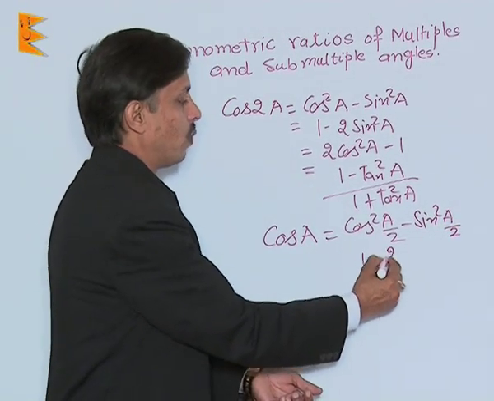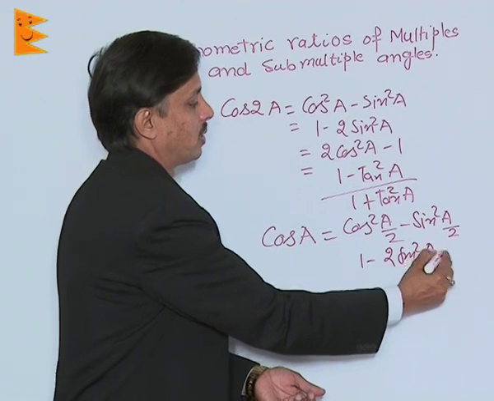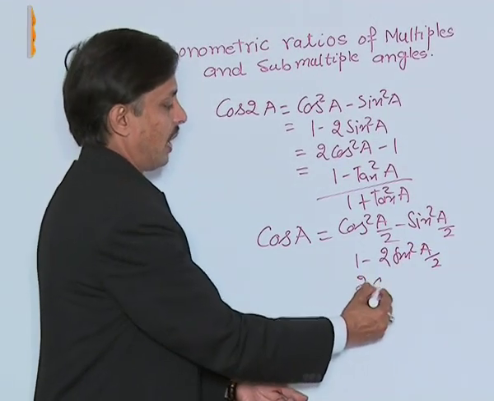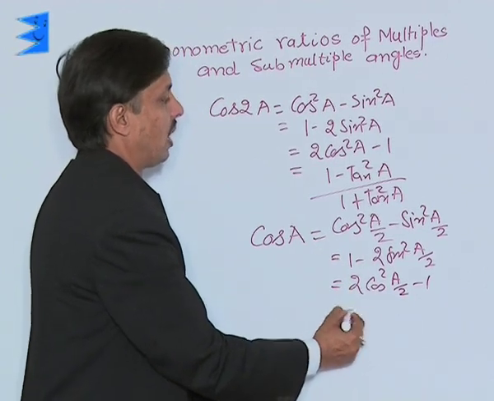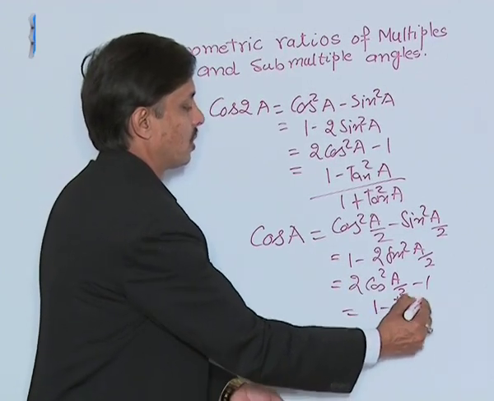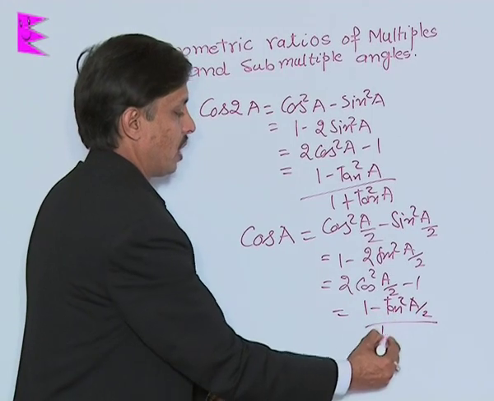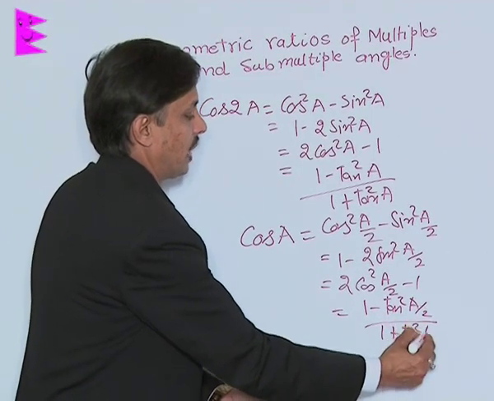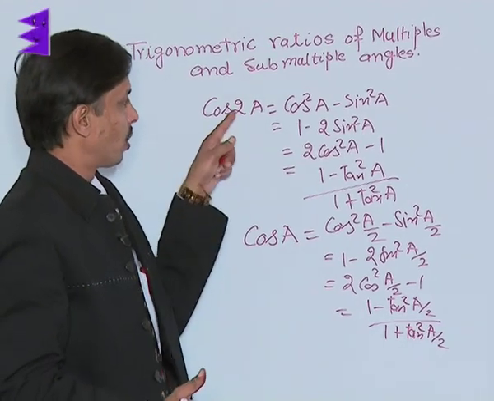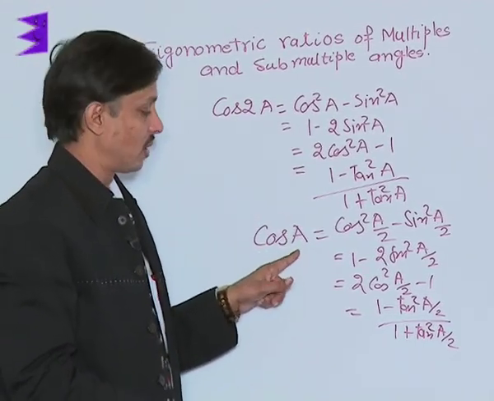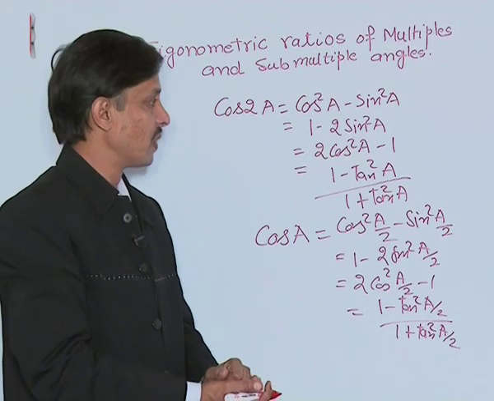Another will be 1 minus 2 sin square A by 2. Next will be 2 cos square A by 2 minus 1. And last will be 1 minus tan square A by 2 upon 1 plus tan square of A by 2. So ultimately cos 2A's results have been converted into cos A's results.